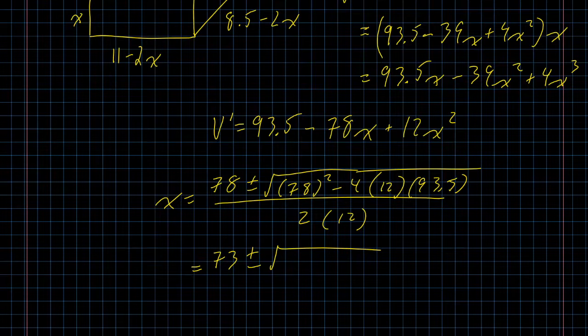78 squared is 6,084. 4 times 12 times 93.5 is 4,488.